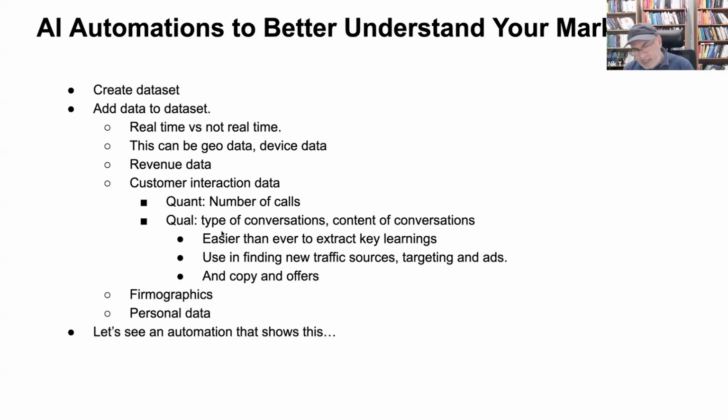Now, the qualitative data is where the real magic happens, which is the type of conversations people are having, the content of the conversations themselves. It's easy now to extract these key learnings. You can just run an automation. I'm going to show you one where it pulls back a whole bunch of information around the telephone conversation. You can have real-time phone conversations going to an AI, and it can summarize them for you: the objections that were raised, the solutions that were given, and so forth.